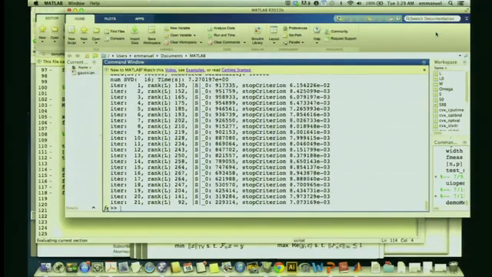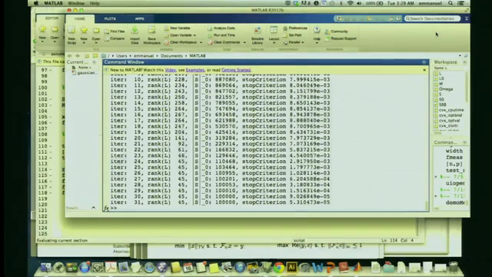Again, this is a pure MATLAB implementation. Remember, the correct rank is 45, with 100,000 corruptions. It seems like we're almost there. And we're there. Now it's going to search the space of rank-45 matrices.